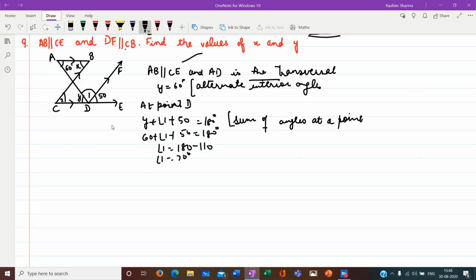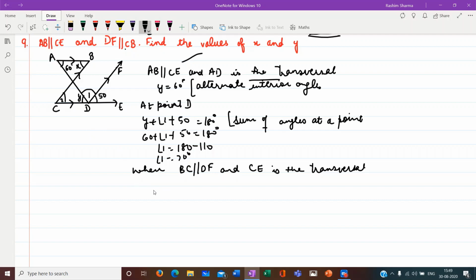Alright. Now when line BC is parallel to DF and CE is the transversal, CE is this line CE.